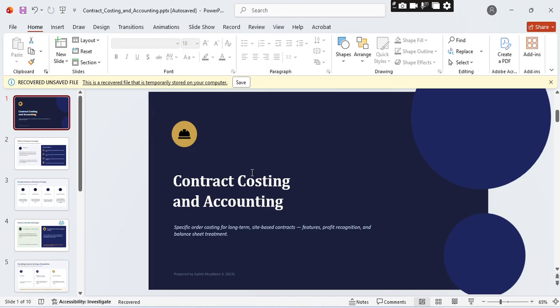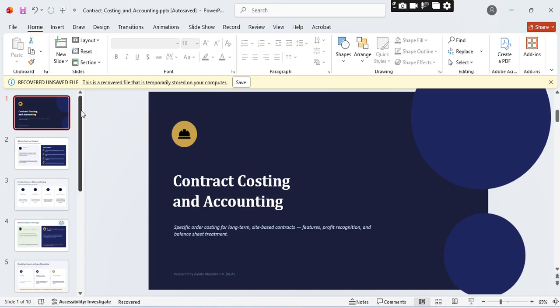So today we're going to be looking at contract costing and accounting. When we talk about contract costing, we're talking about the cost identification, that is, identification of cost incurred while executing a contract. We have the contractor and the contractee.